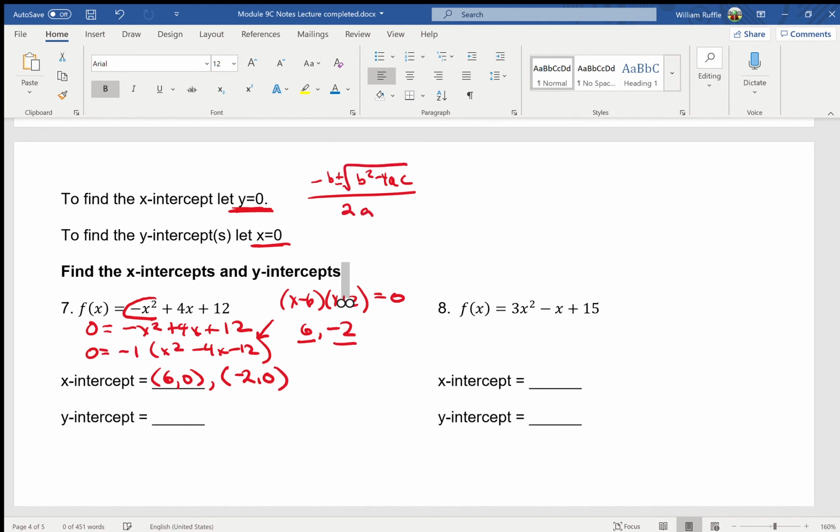In this one, we could use either one of these. I'm going to use the first one. So b is equal to 4. So it's negative 4 plus or minus 4 squared minus 4 times negative 1 times 12.